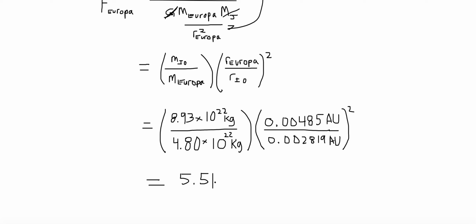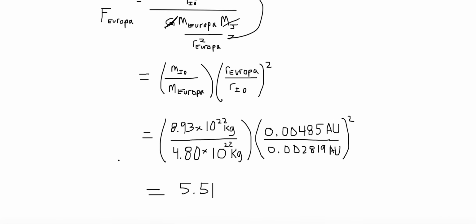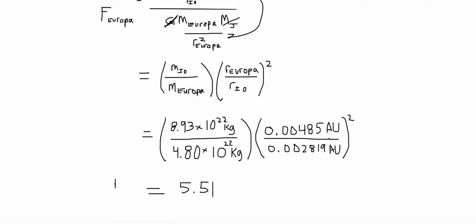So 3 is the appropriate one because it's the smallest number, and we're just going to carry it down. It's the force of Io divided by the force of Europa. So we know that the gravitational force of Io is much more than the gravitational force that Europa feels towards Jupiter. And that's understandable because Io is the closest moon to Jupiter, and Europa is further out.